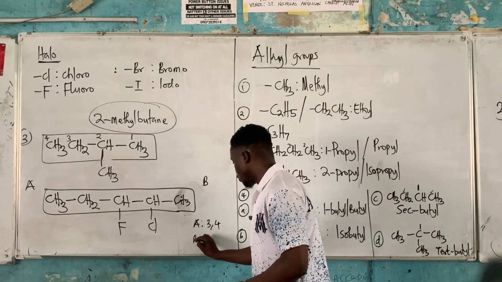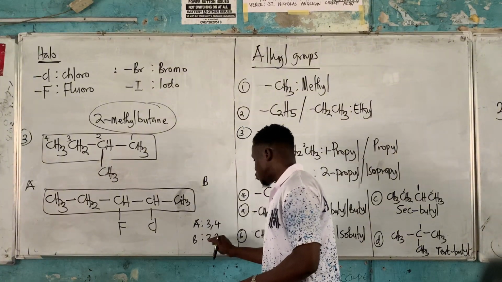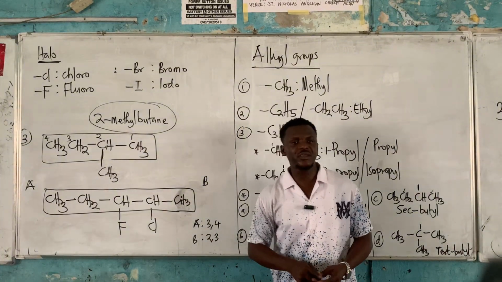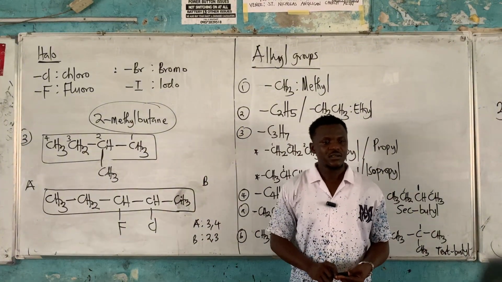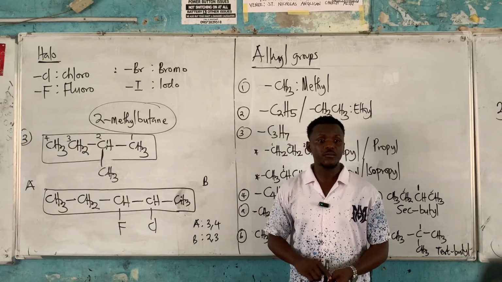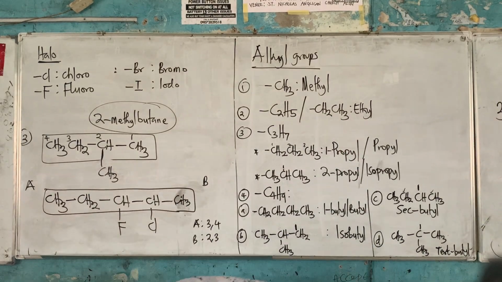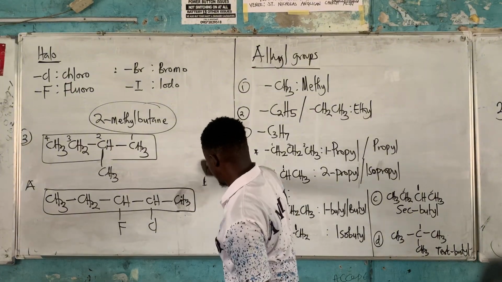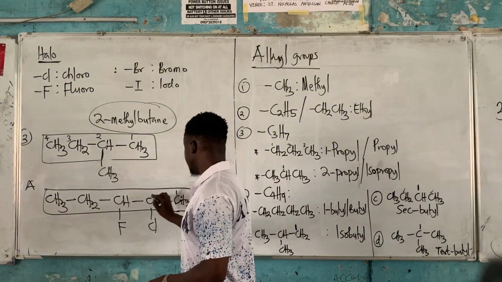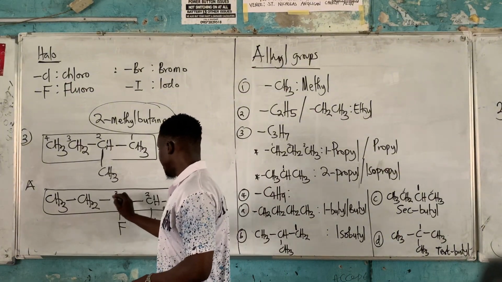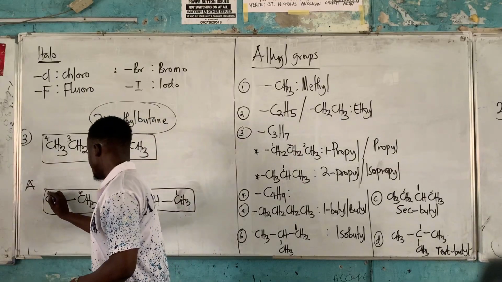So B is 2 and 3, and A is 3 and 4. Which of these is the smallest? So obviously, which side are we going to follow? B, the side that gave us the smallest number, is it not so? So this becomes carbon 1, 2, 3, 4, 5.